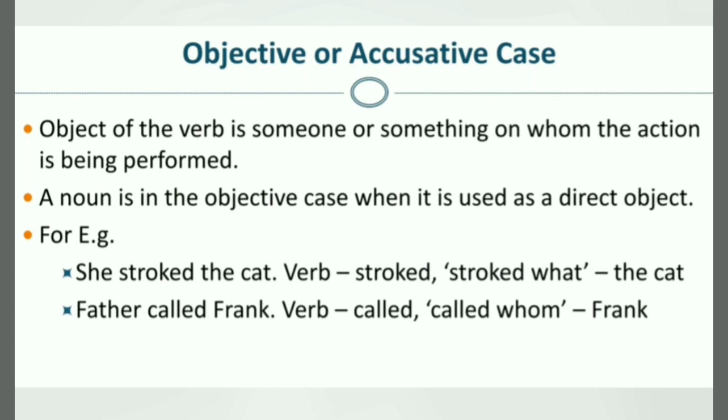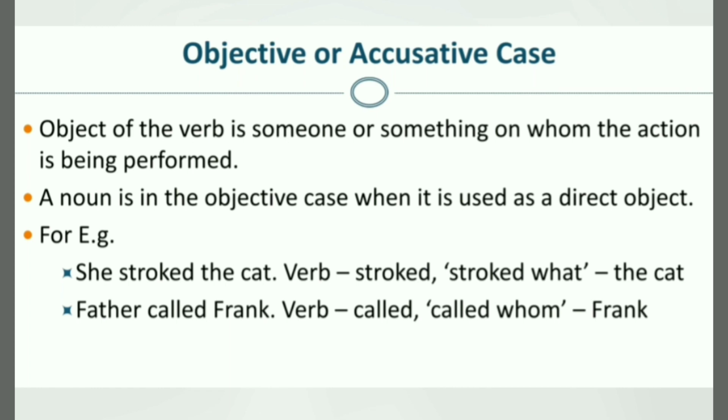Object of the verb is someone or something on whom the action is being performed. A noun is in the objective case when it is used as a direct object.